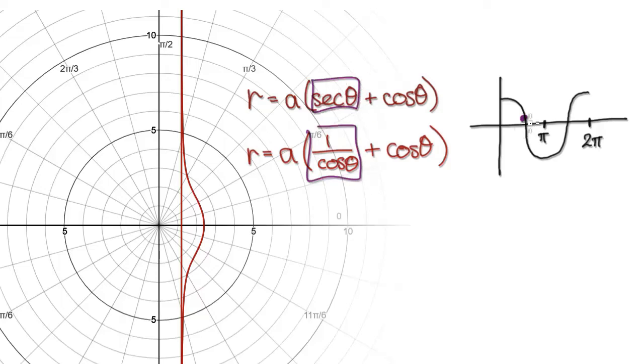But just before pi over 2, cos theta would be very, very small. So 1 divided by a very, very small number would be a very, very big number.